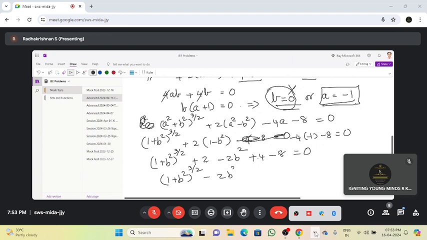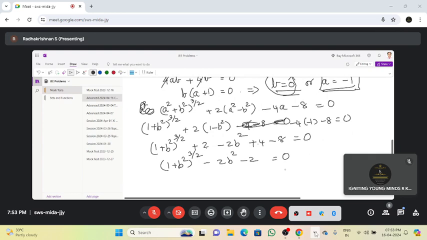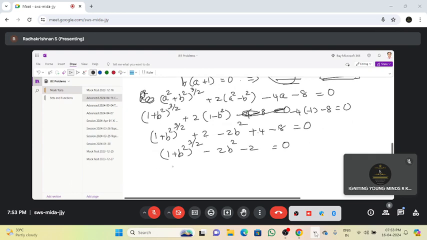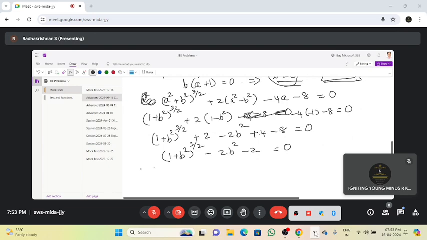Hence 2b square minus 2. It simplifies like this, minus 2 plus b square.